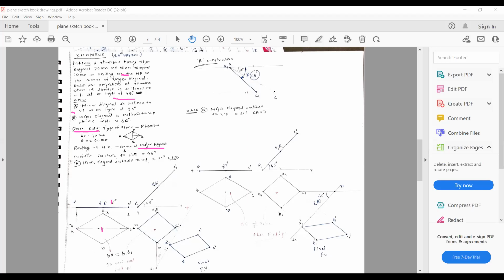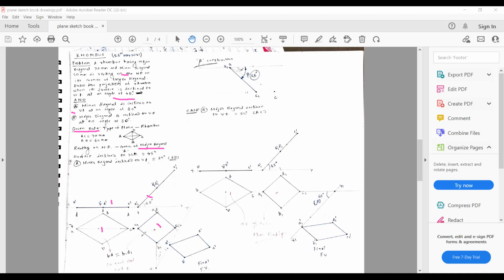Then complete this front view. Okay. Then it is mentioned that the surface is inclined at 45 degree to HP. So through this point, you will be making it 45 degree and completing this front view. Okay. Then taking the projection, you are going to complete the second stage, the top view, right?